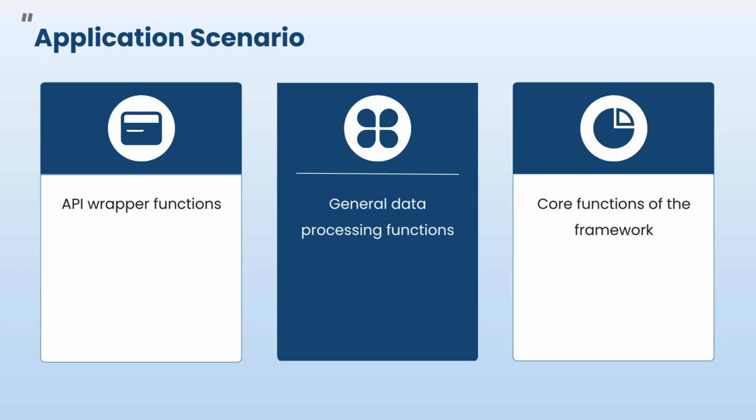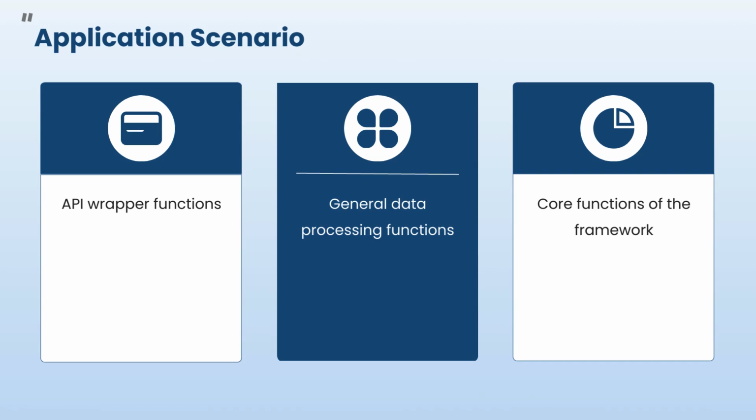General data processing functions, suitable for handling structured or unstructured data. During data processing, we often need to handle structured or unstructured data. Functions with variable arguments can flexibly accept data in different formats. For example, when processing a set of user data, there may be different fields and attributes.